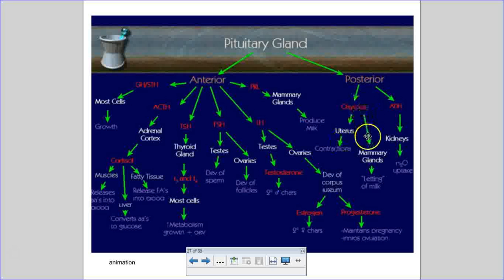It travels at the same time to the mammary glands in order to cause letting down of milk. So when the baby is ready to start drinking, the mammary glands will be stimulated with the release of oxytocin in order to release the milk.